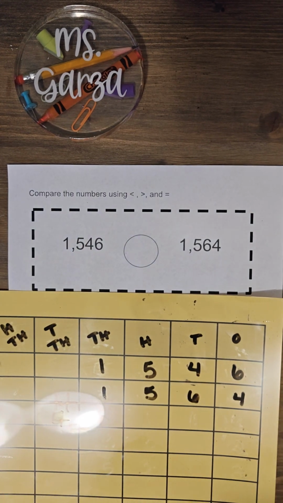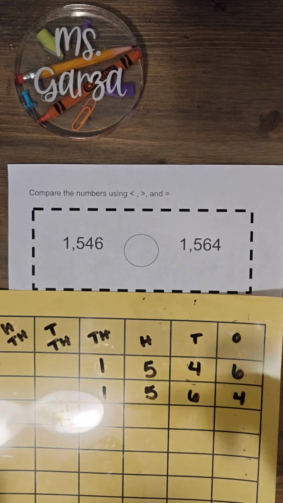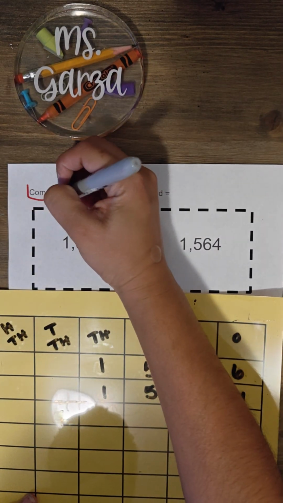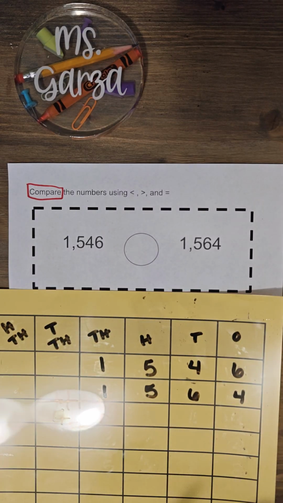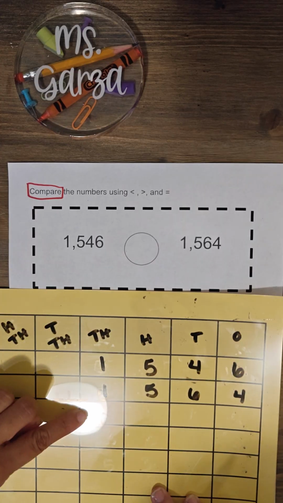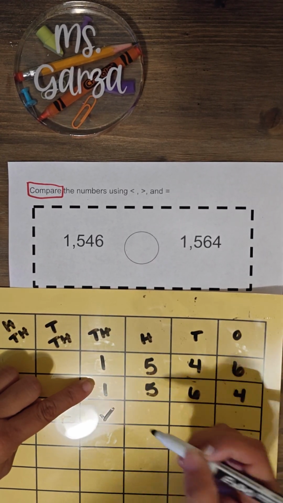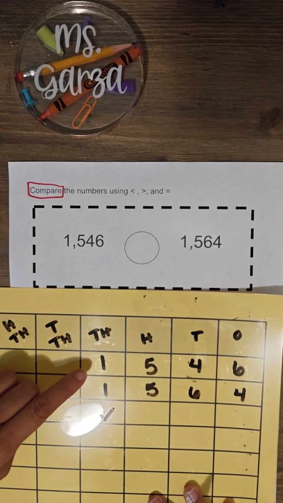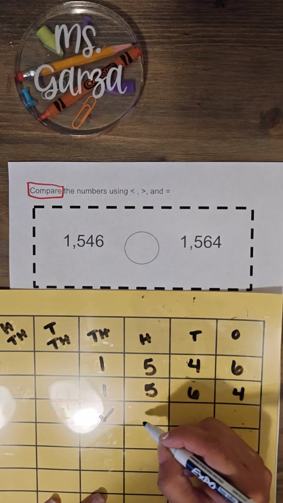Perfect. Now the way we compare, compare is just a fancy word for which one's bigger, which one's smaller, and which one is equal. The way we compare is we start with the biggest number, which is the thousands place. We have a 1 and a 1, so they're both equal. So none of them are bigger or less than. Then we go to the hundreds place. We have a 5.